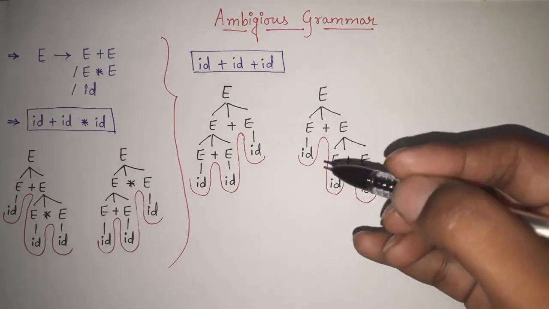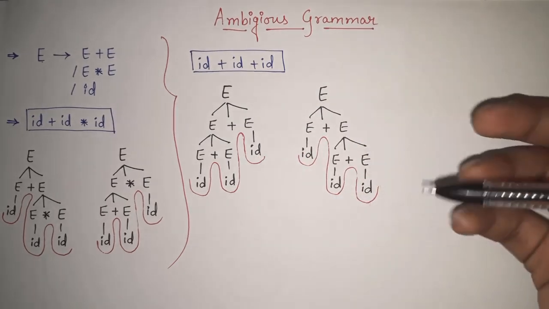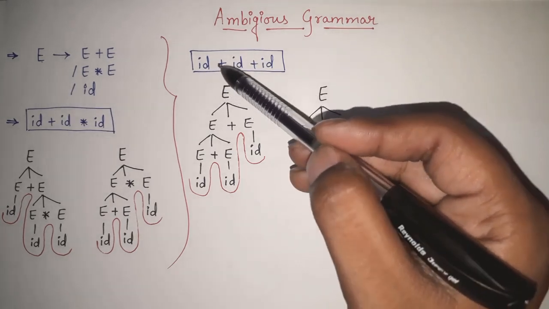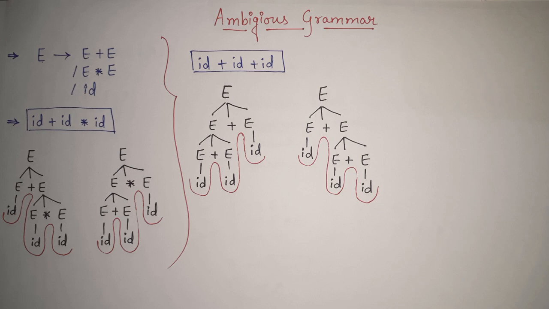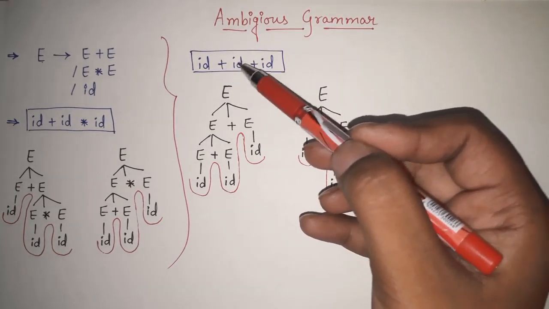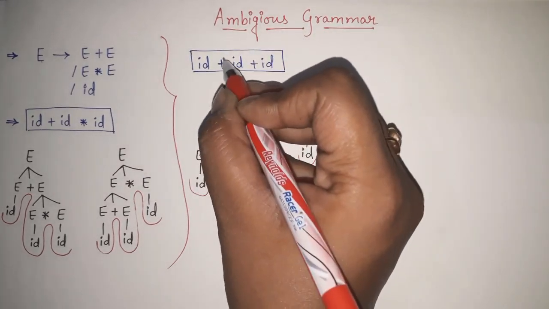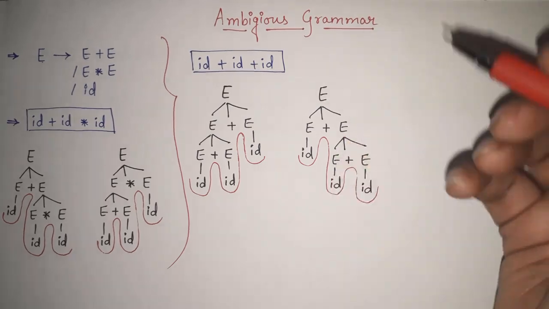But if I want to verify which of them is the correct parse tree, how can we verify? Here the expression is id plus id plus id. In mathematical expressions, whenever we have the same operator, like here the operator plus, the precedence or priority of the operator is the same.